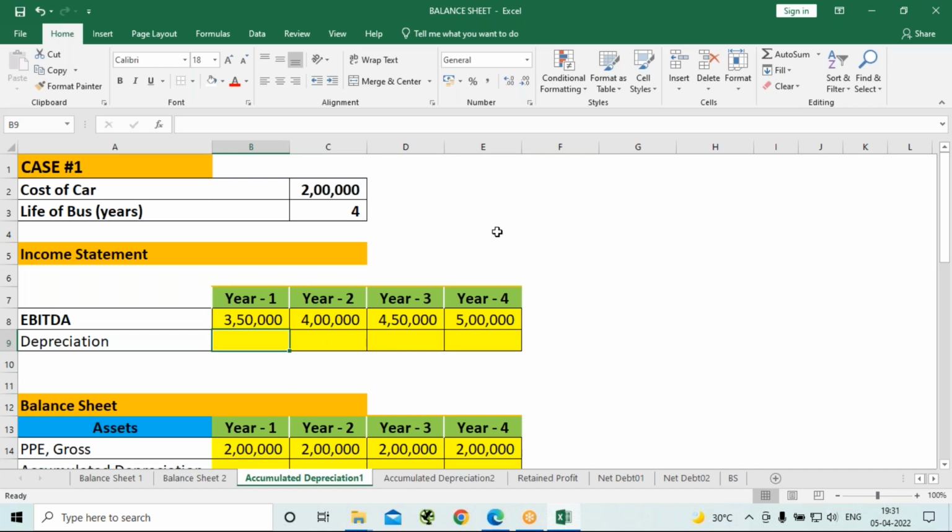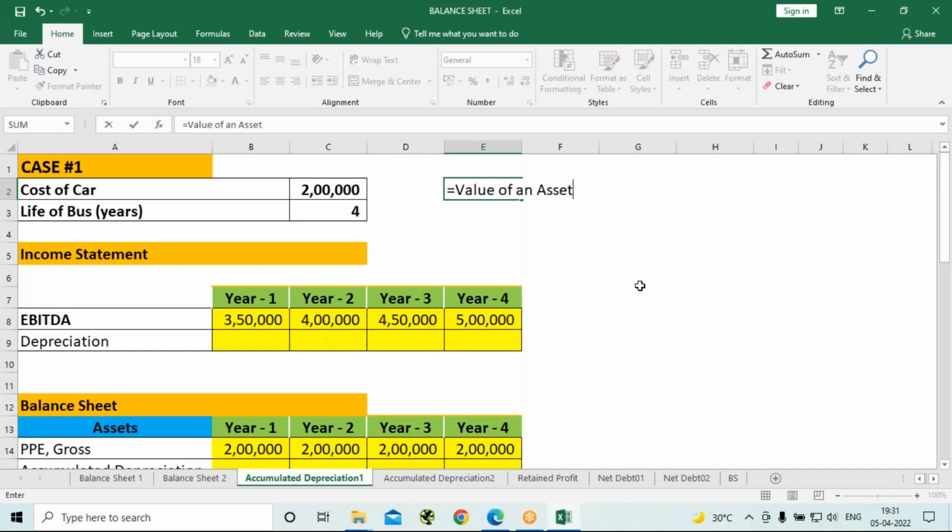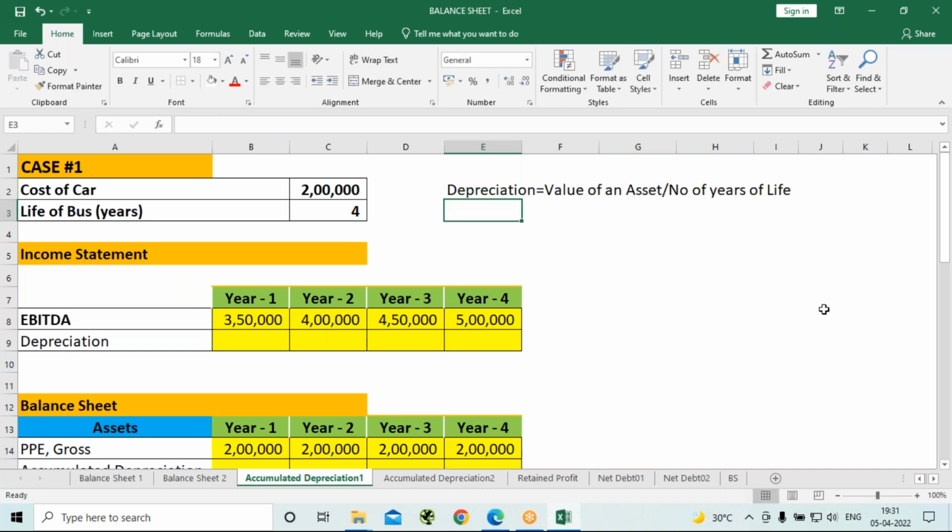We are going to calculate it using a formula: depreciation equals the value of an asset divided by the number of years of life.